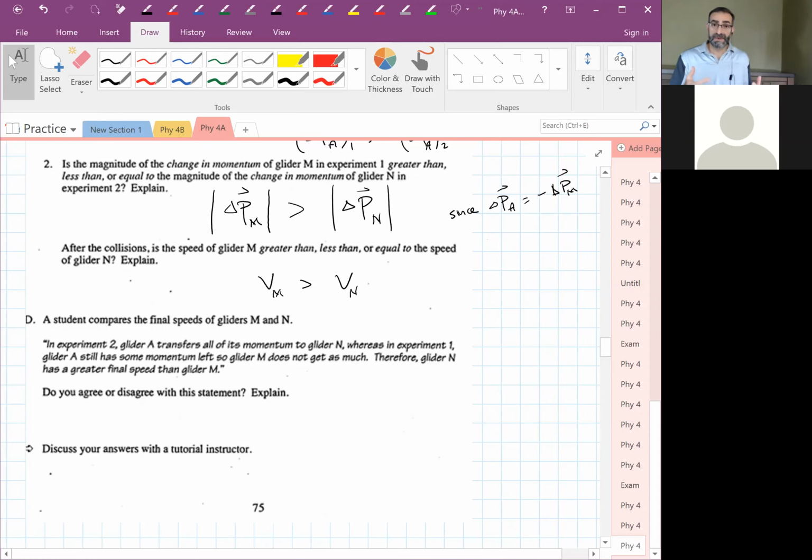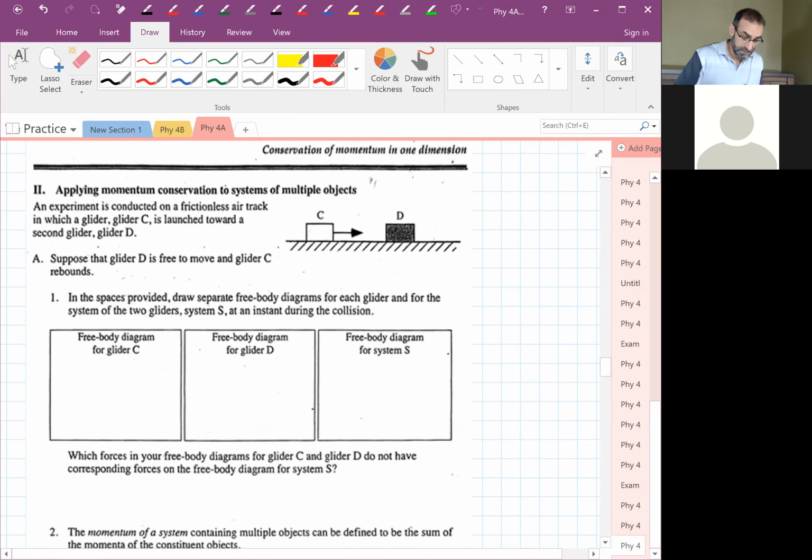Similarly with momentum, your system has to be defined properly to have momentum conserved. And so we want to get into that. When is momentum conserved? When can we say momentum is conserved and when isn't it?